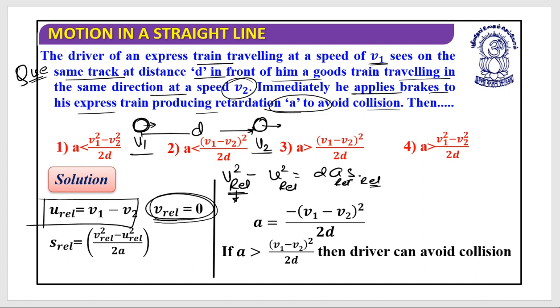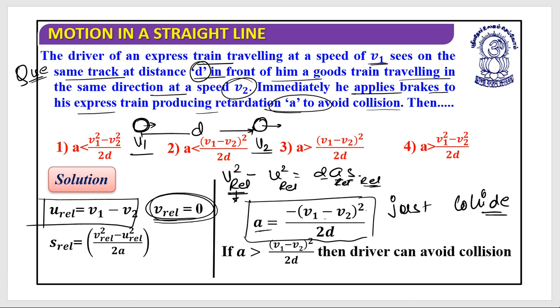I need to find the acceleration, so a is equal to minus of v1 minus v2 whole square divided by 2 into d, because d is the separation between these two. So this is the situation when they will just collide.